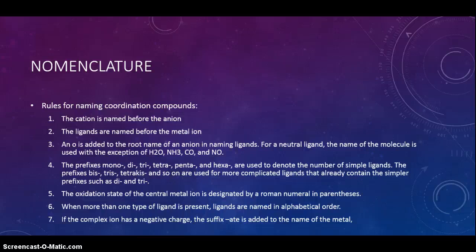Another rule is that the prefixes mono, di, tri, tetra, penta, and hexa are used, and these denote the number of ligands. For more complicated ligands that already contain di, tri, and the other prefixes, or that are just more complicated, you use different prefixes, and they are listed here.